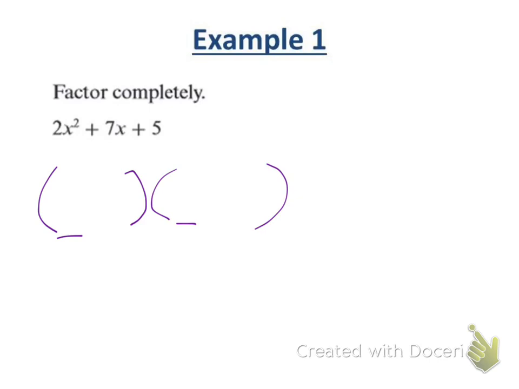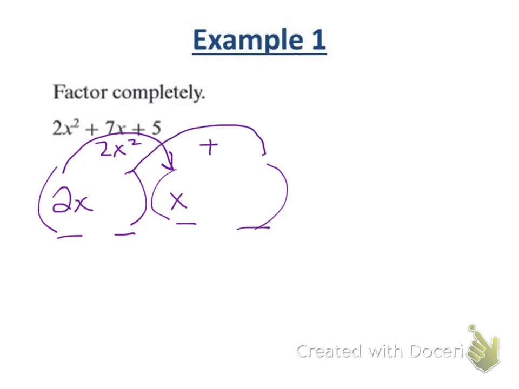They have to be what? 2x and x, right? That gives us 2x squared. And then these 2 terms are going to multiply to be positive 5. I don't have a whole lot of choices there, do I? It's 5 and 1, so this is either going to be 1 and 5.